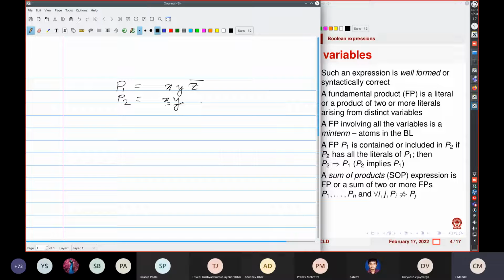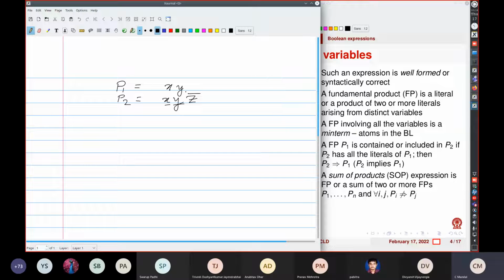A fundamental product P1 is contained or included in P2 if P2 has all the literals of P1.